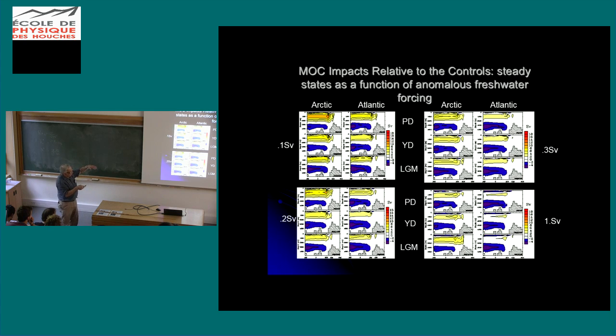And what happens if you, in these previous low resolution versions of the model, force them with increasingly strong freshwater forcing applied over the region where deep water wants to form, you typically turn off the strength of the shallower deep water cell and allow the Antarctic bottom water to penetrate more deeply to the north.